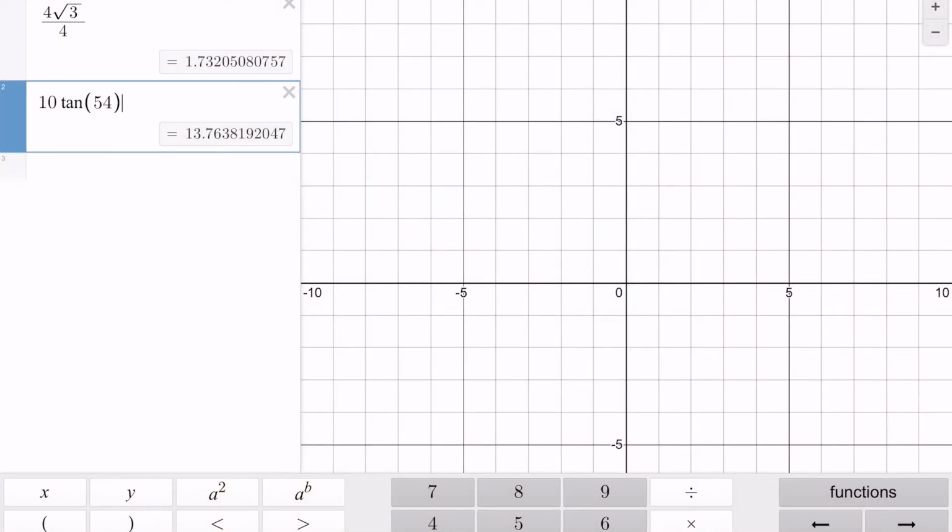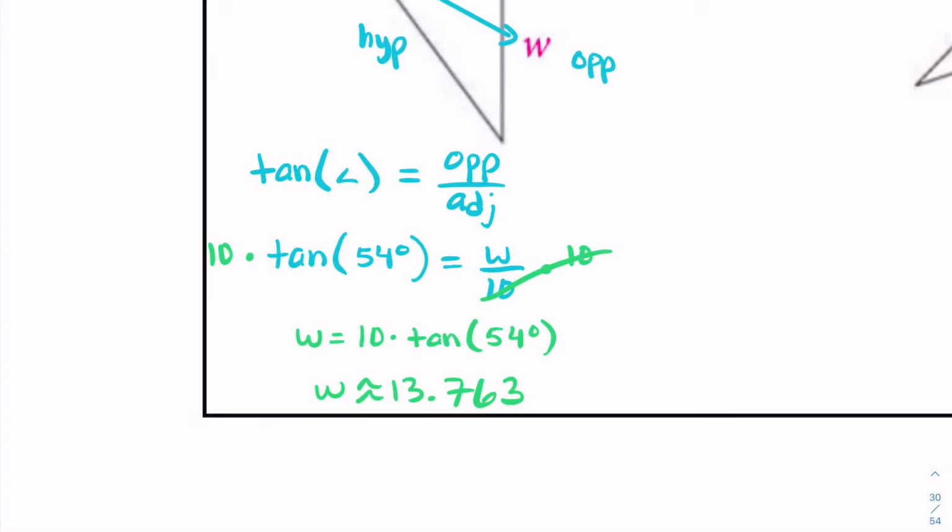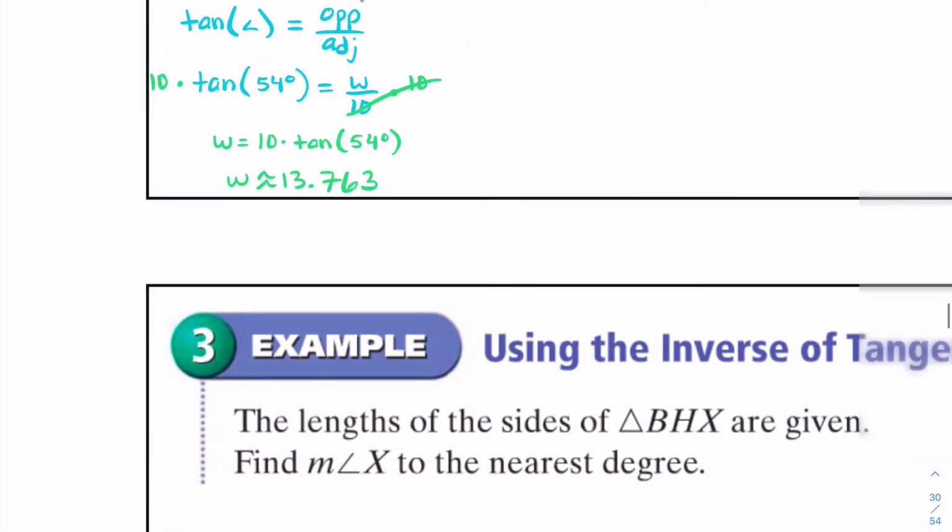I think. Yep. Okay, and that's going to be, we want it in the nearest tenth. So W approximately equals 13.8.